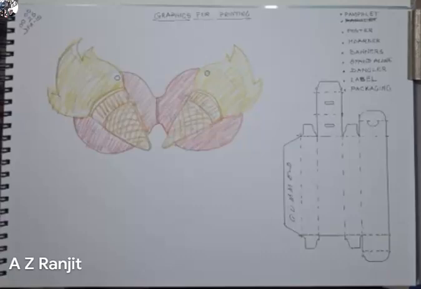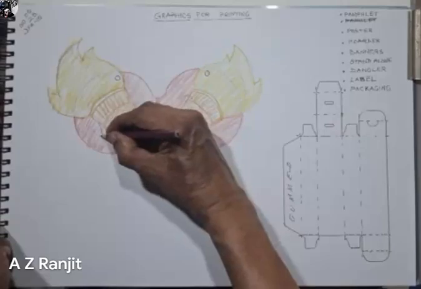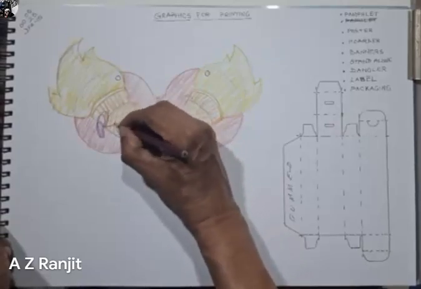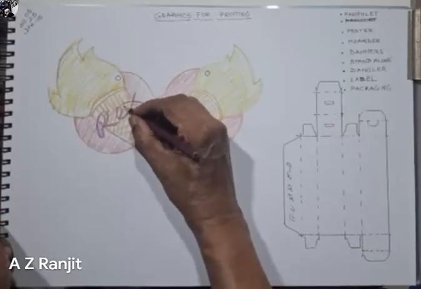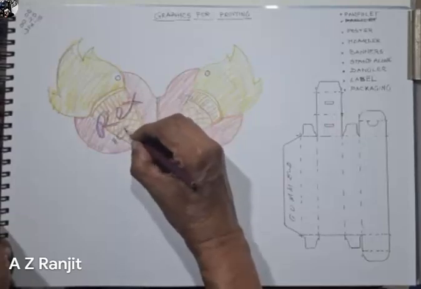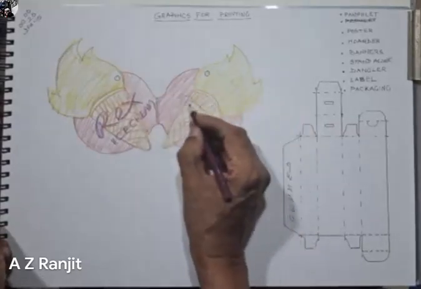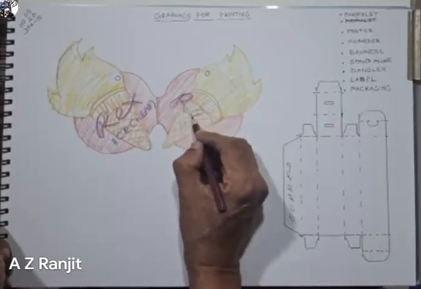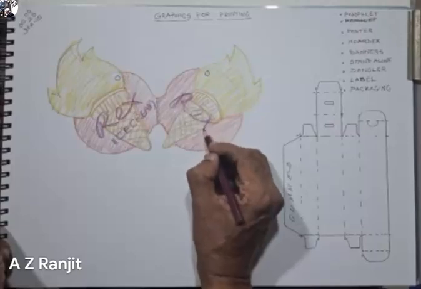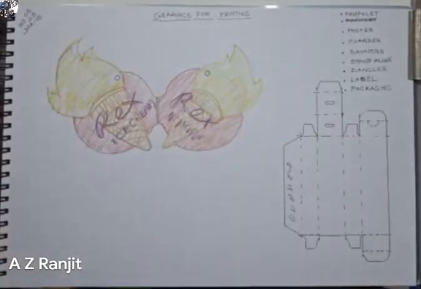Now what we can do, we can have a violet or a maroon and say, done?